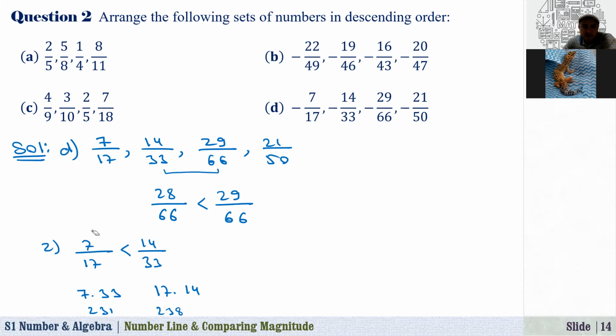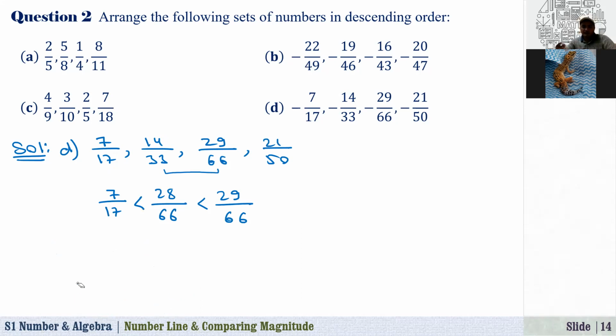So now I can just write here like this. So 7 over 17 is less than this. Okay, that's also done. Now, how about the next one? Let me just compare the smallest one first, 7 over 17 with 21 over 50.